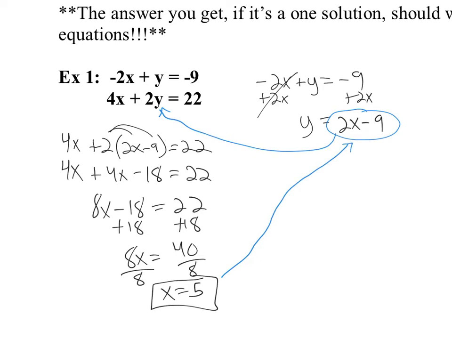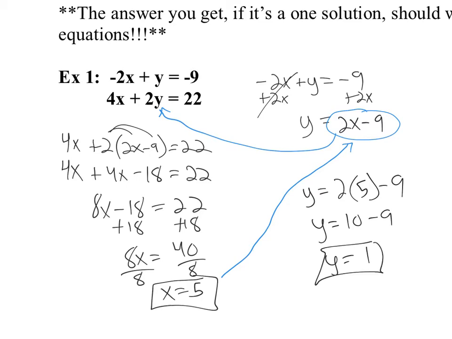So plugging it back into that equation, I get y is equal to 2, and then here, instead of the x, we're going to plug in the answer we got for x, which was 5, minus 9. And this allows us to then solve for our y variable. So here we find that y is going to equal 1, x is going to equal 5. So here our solution is going to be that point 5, 1.